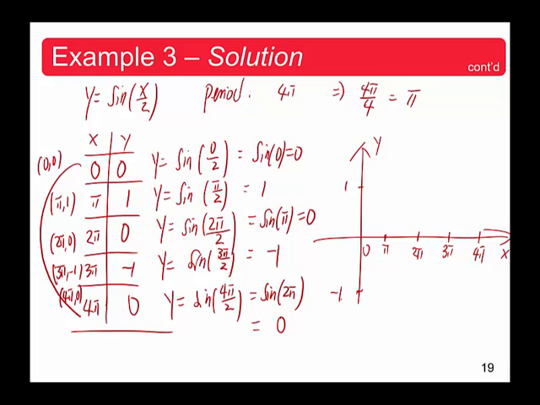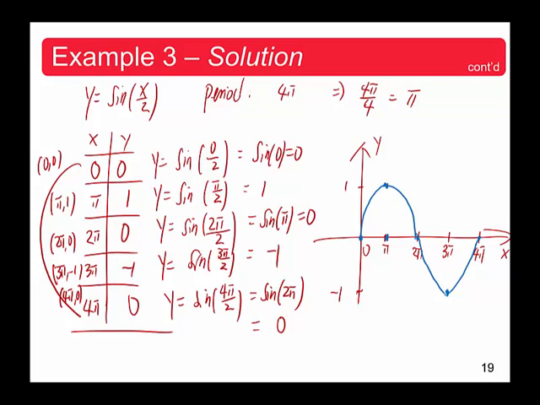Now start plotting all the pairs. This is the origin. Then pi, 1 reaches the peak, and then 2 pi, 0 goes down, so you get a cycle. And then 3 pi reaches the bottom, minimum, and 4 pi goes back to 0. Okay, extend it. So we get the first period right here.